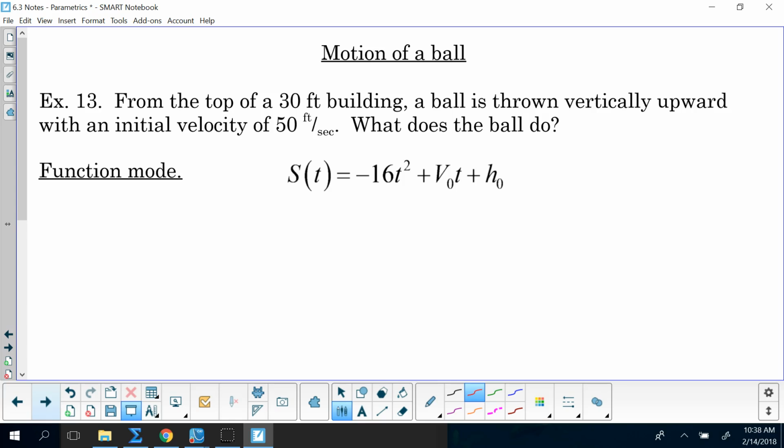So, this scenario says that you're on top of a building, and that building is 30 feet up. You take your ball, you throw it up, it goes up, and it comes back down, and it goes splat. It follows the same vertical motion. Algebraically, let's figure out what our function S of t is.